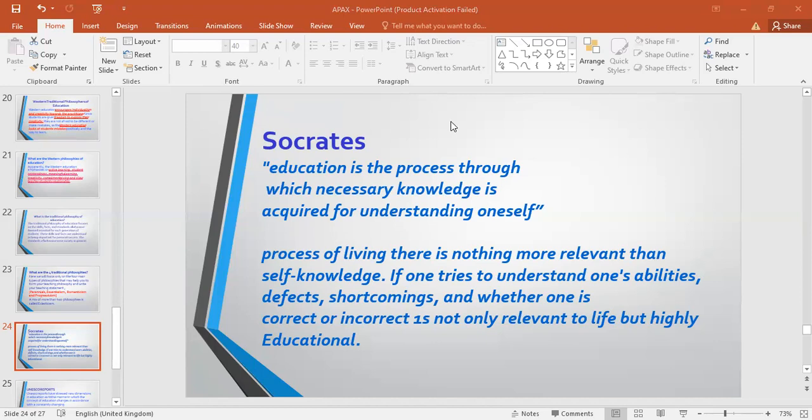In the process of living, there is nothing more relevant than self-knowledge. If one tries to understand one's abilities, defects, shortcomings, and whether one is correct or incorrect, it is not only relevant to life but highly educational. Yeah.